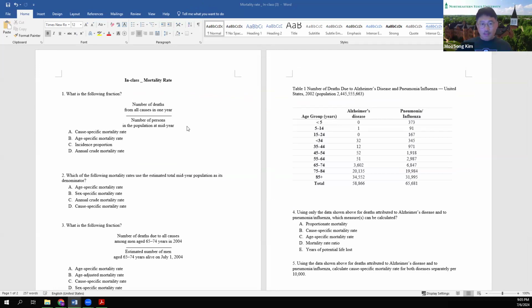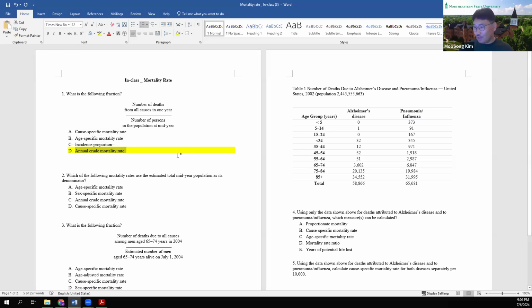So, number one, what is the following fraction? Number of deaths from all causes in a year over number of persons in the population at mid-year times a constant. Probably you remember this one, right? You cannot forget about it. The answer should be annual crude mortality rate.